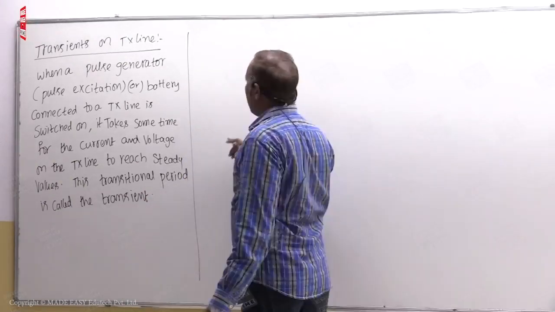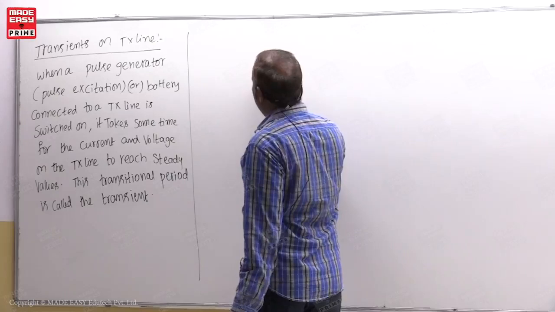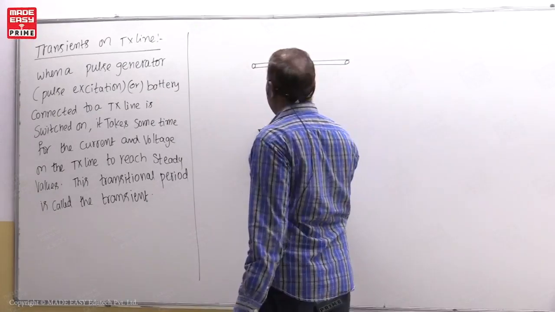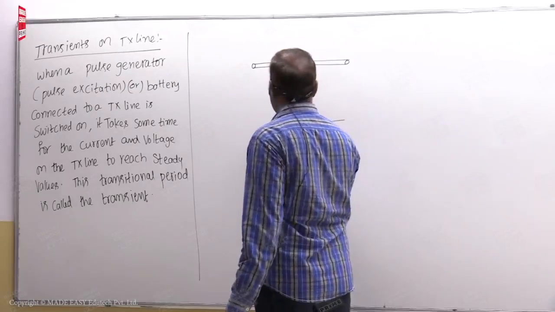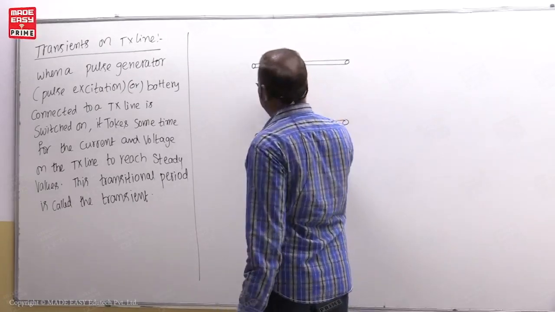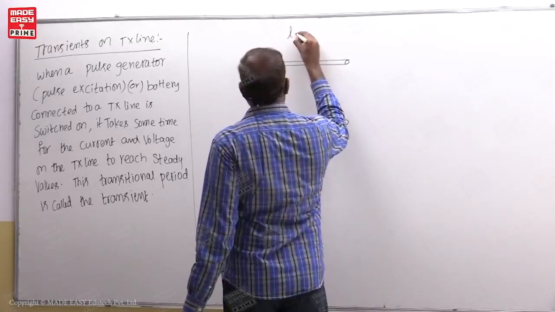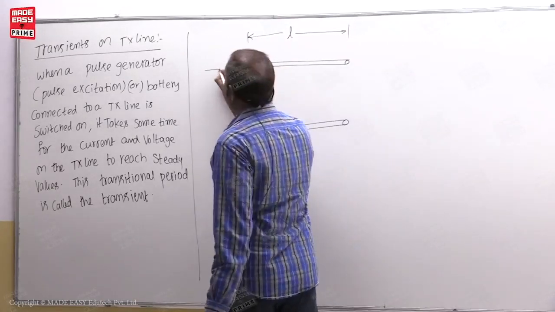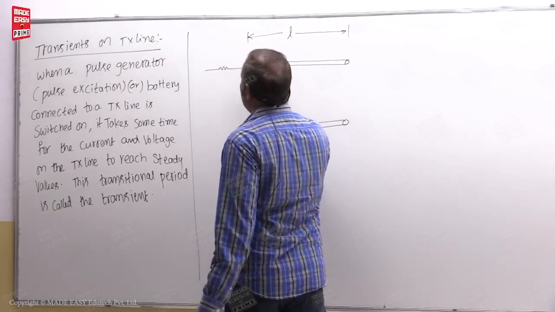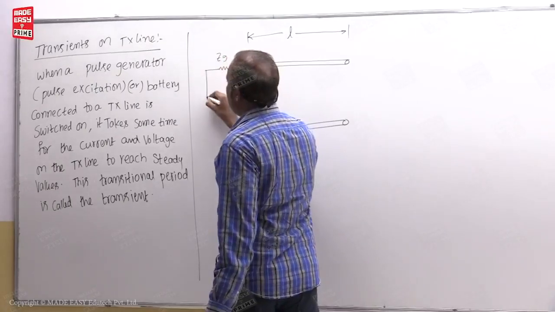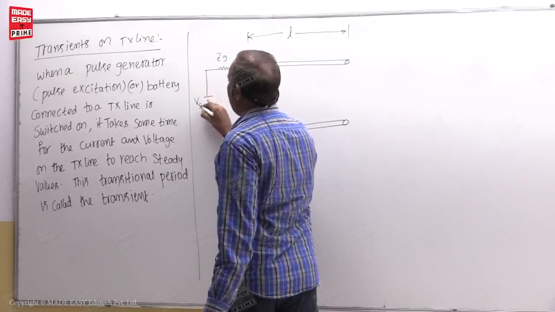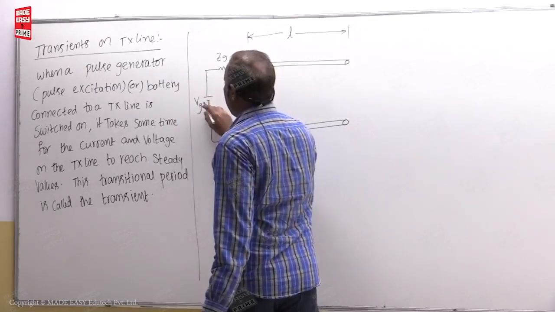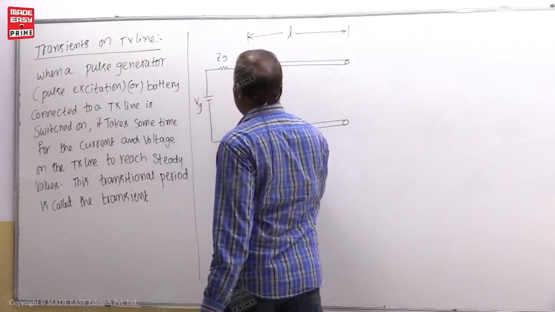Now you see this one is the transmission line first conductor, and this one is the transmission line second conductor. Now let us take the total length of the transmission line as L. Here you are connecting a voltage source Vs, or otherwise Vg, the generator and generator internal impedance.